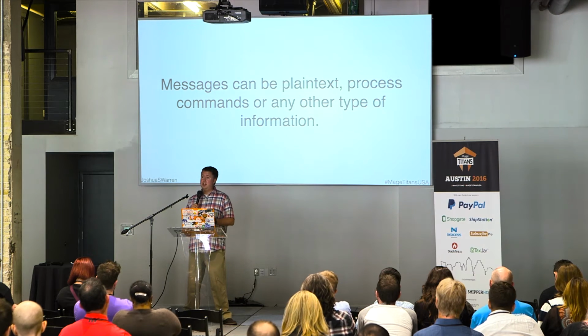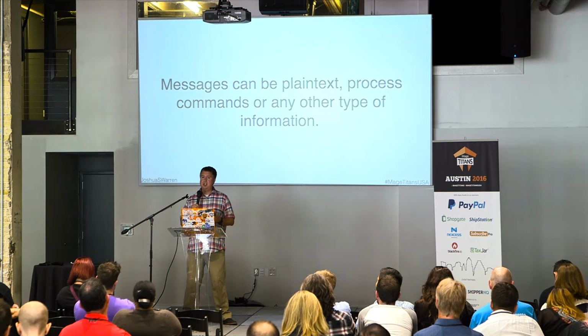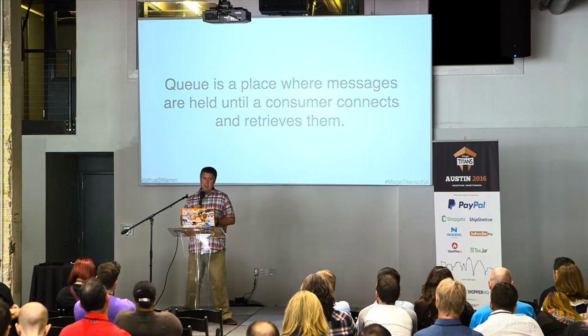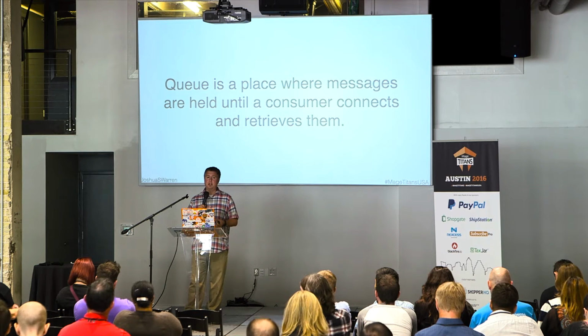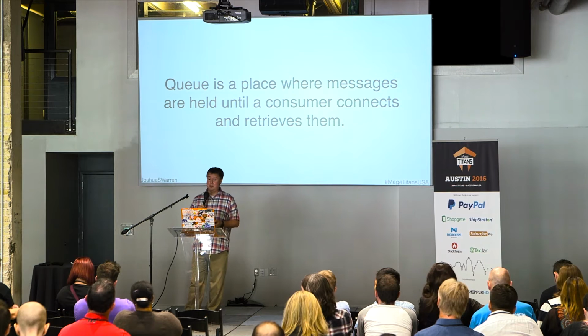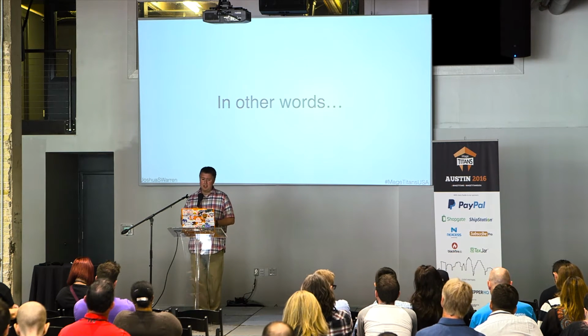You can actually use any format. The message can be anything you'd like. And then a queue within RabbitMQ is a place where messages are held until a consumer connects and retrieves them. So again, at the highest level it's real simple. It's exactly what it sounds like in the name.